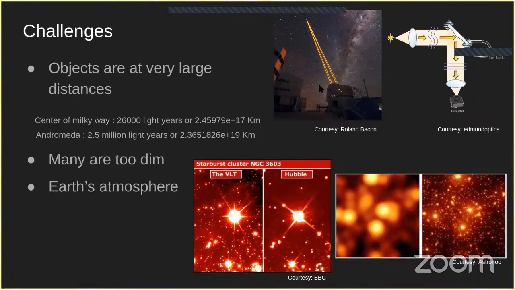You can see the image above, which is the Very Large Telescope. The resolution of the VLT is comparable to the resolution of Hubble, which is a $1 billion space telescope. So using this technology, you can build much larger ground-based telescopes, which have a resolution better than space telescopes, because launching space telescopes is a tremendous task and also takes a lot of money.